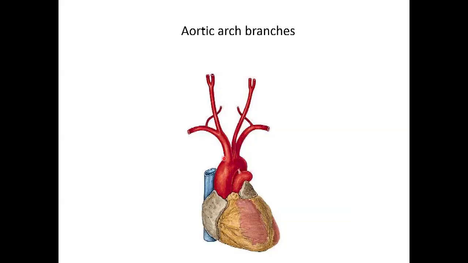Truncus brachiocephalicus, here it is, which then will be divided into right subclavian artery and common right carotid artery. The second artery is left common carotid artery, and third is left subclavian artery. So from arcus aortae we can see three large arterial vessels.